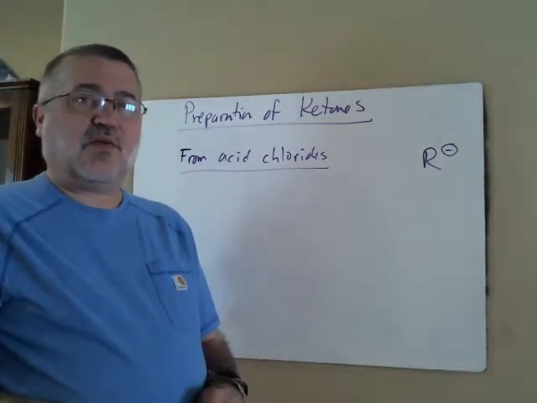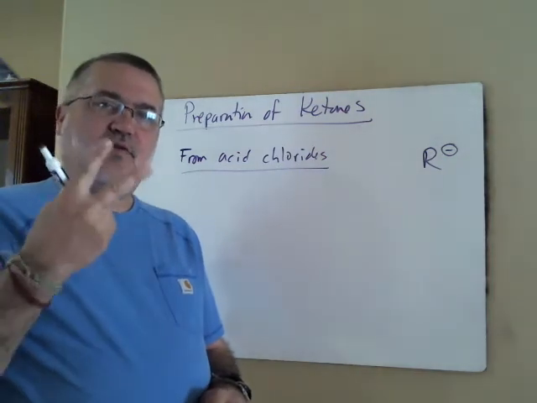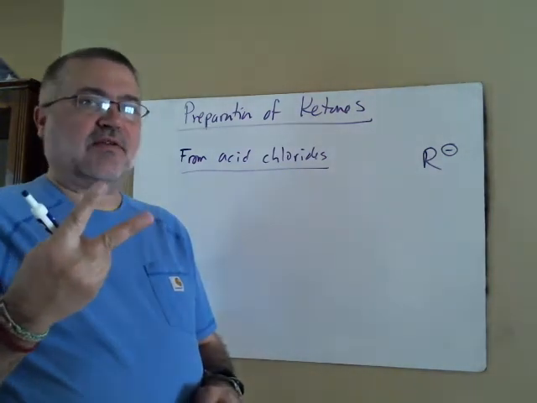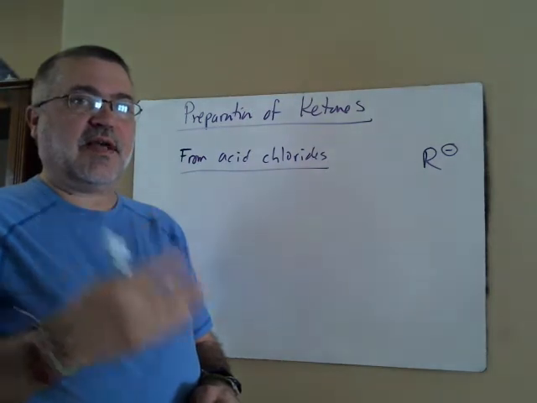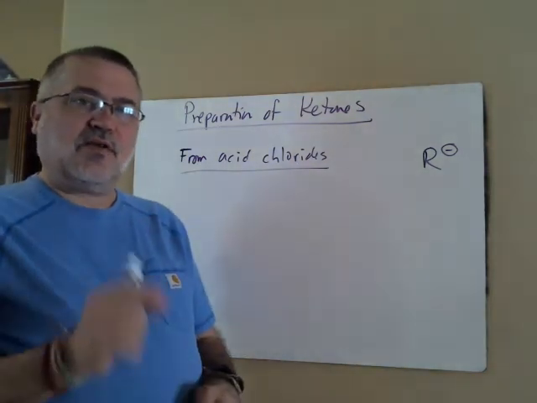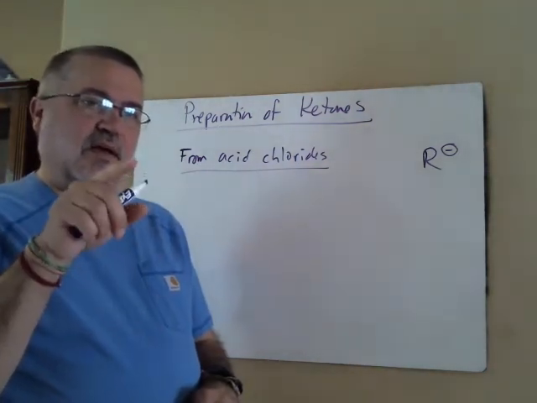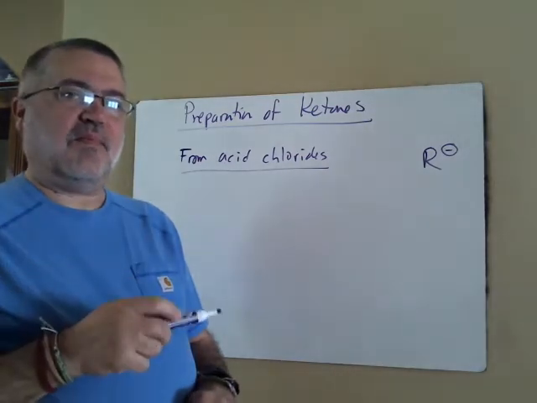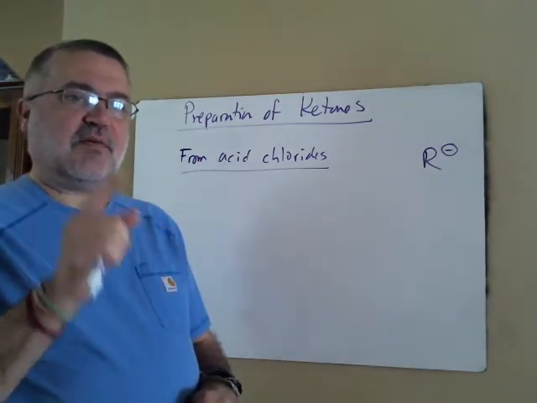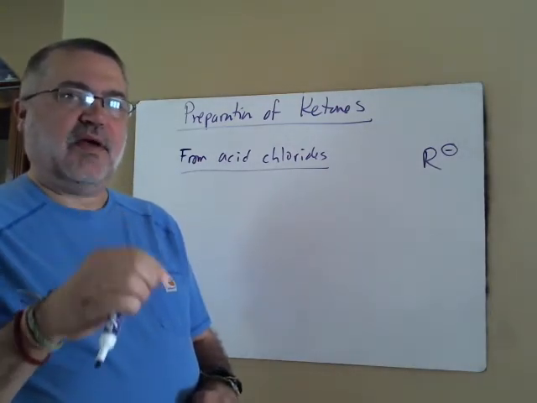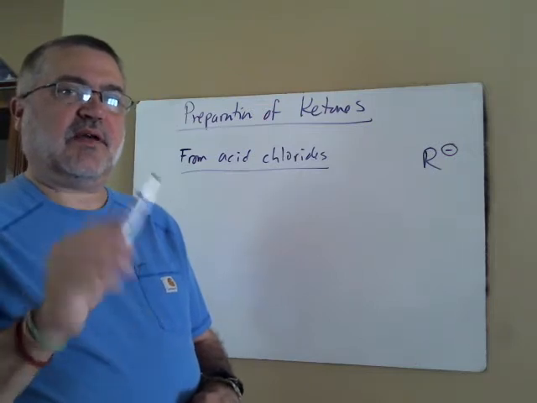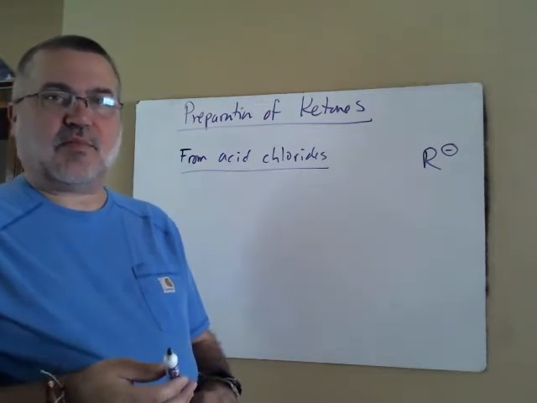Well, Grignards we've already looked at. They react twice with an acid chloride, two equivalents, and they end up giving the alcohol. So we need some carbon nucleophile that is less reactive, that will only react once and give us the substitution and not the addition product.